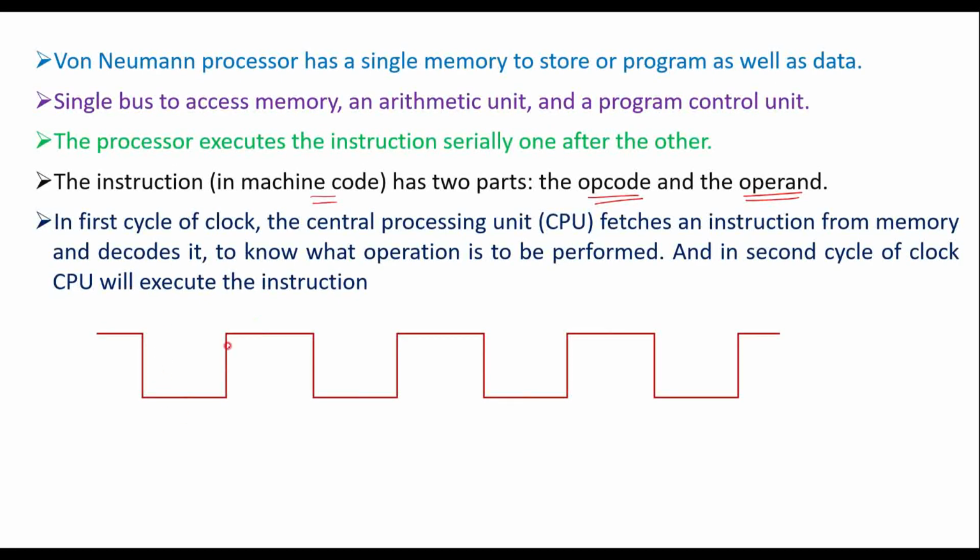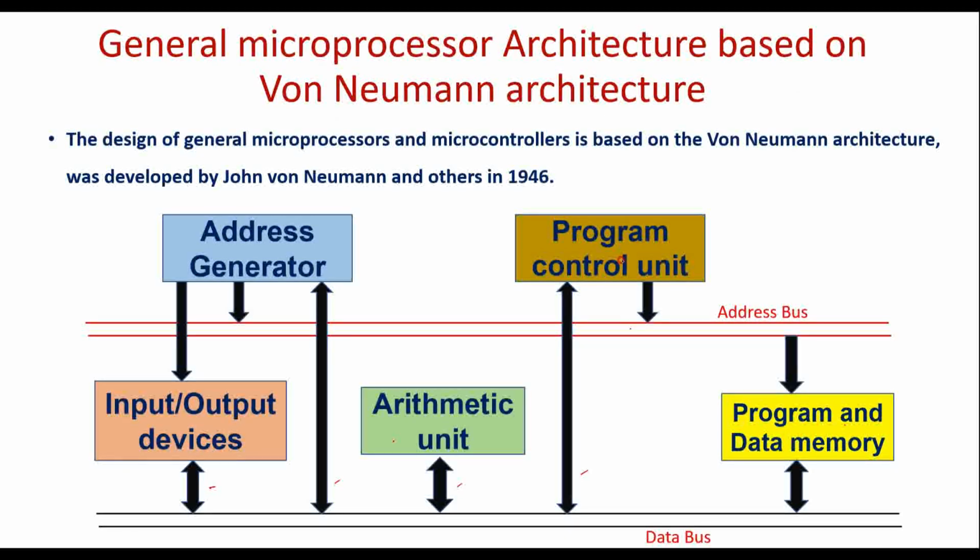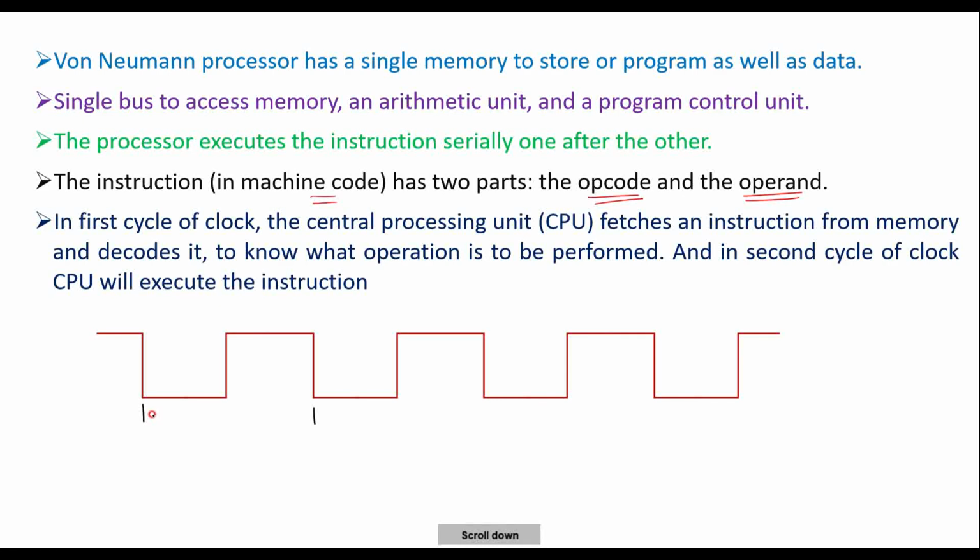Here I have shown one clock cycle. In von Neumann architecture, I'll assume this is the first cycle of the clock signal. The program control unit will fetch the instruction in the first cycle, that is, in this cycle it will fetch the instruction from the memory.